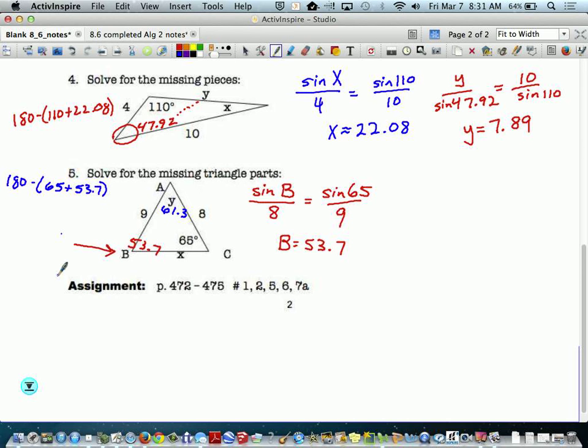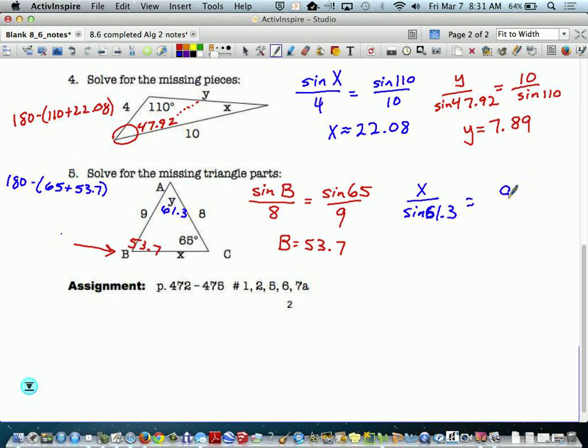So that goes in there for angle Y. So the last thing is to find X. So I put X over the sine of 61.3, and I'd go back to the 9 and the 65.